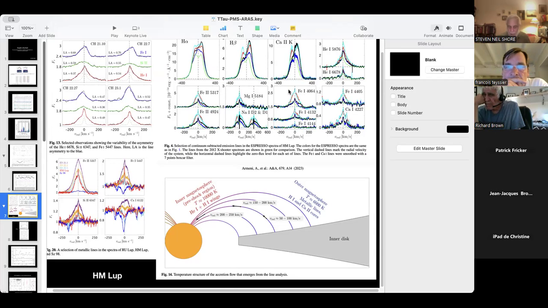So it is something that could be done with small telescopes at low resolution, like 1,000, with small spectrographs. The main thing being that you can spend time on it. What emerges from that is that different lines have different velocities and form at different places in the accretion column.